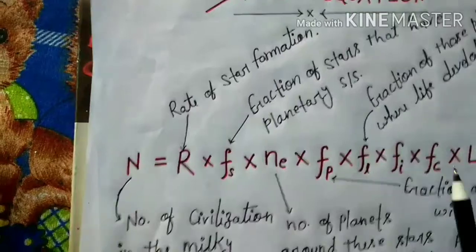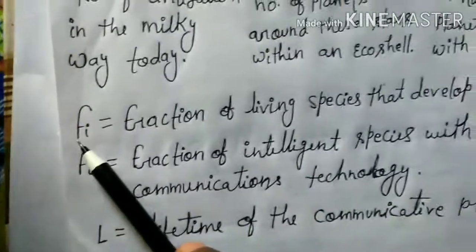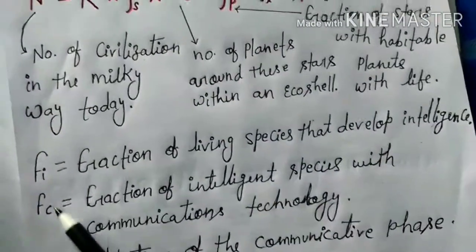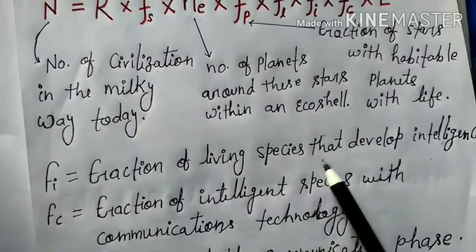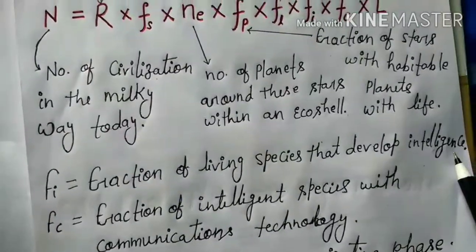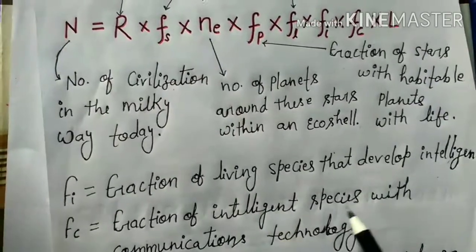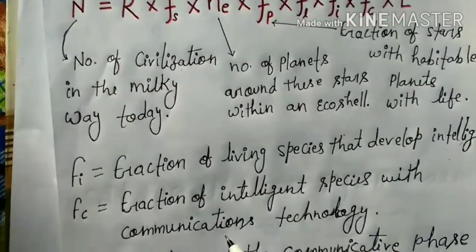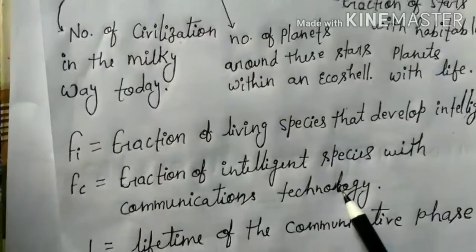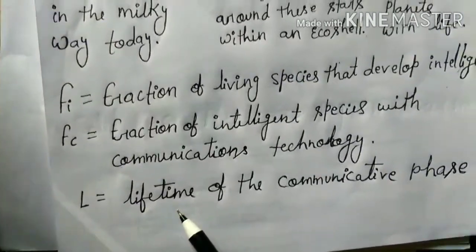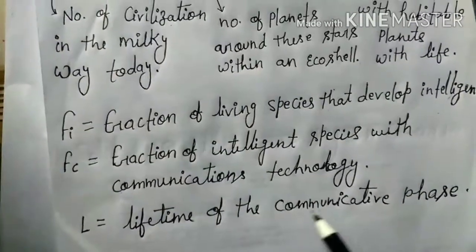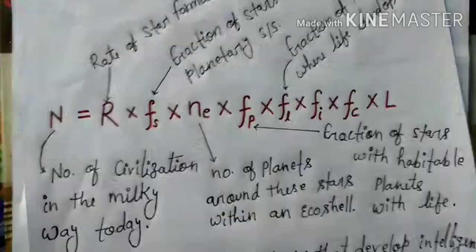F sub i is the fraction of living species that develop intelligence. F sub c is the fraction of intelligent species with communications technology. And L shows the lifetime of the communicative phase.